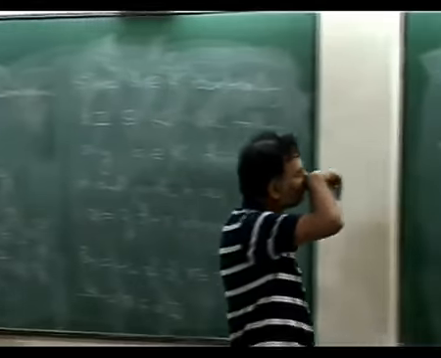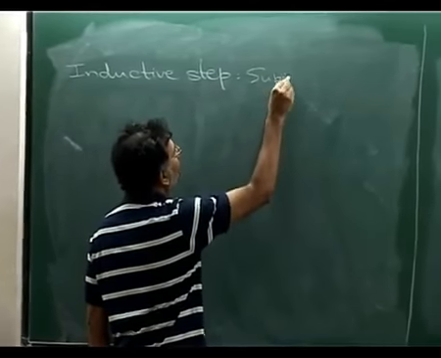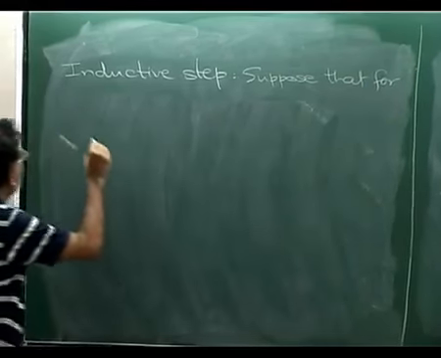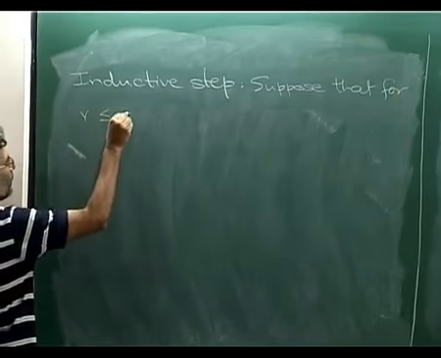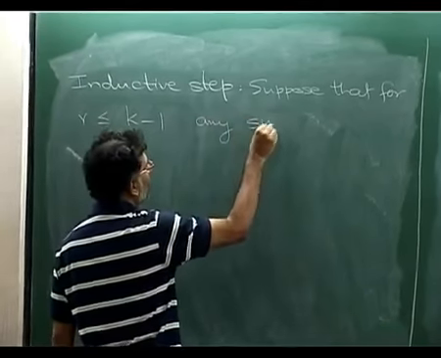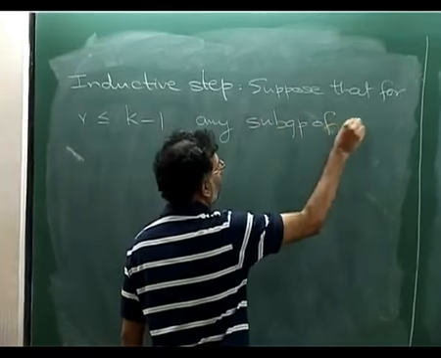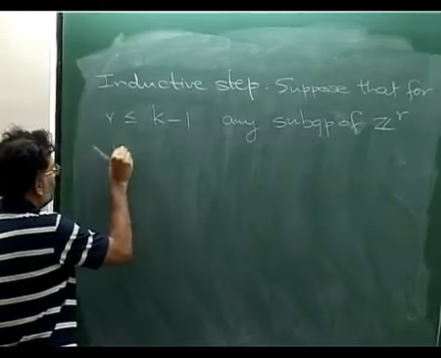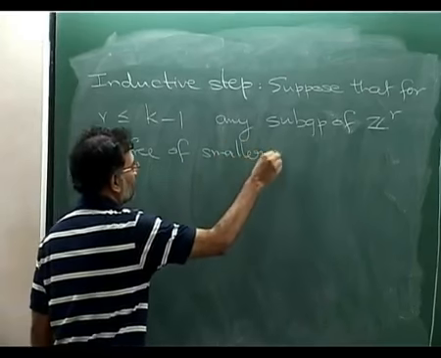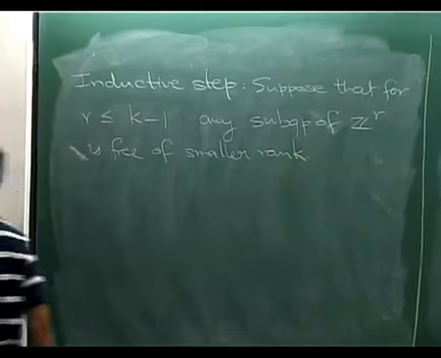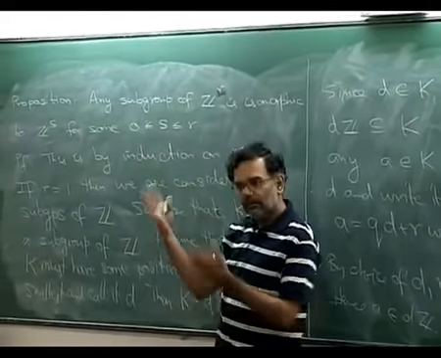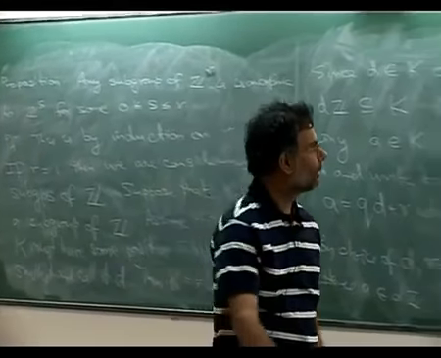So suppose that for R less than or equal to K minus 1, any subgroup of Z^R is free of smaller rank. That's what it's saying. Assume we have proved that for R less than K, up to K minus 1, any subgroup of Z^R is necessarily isomorphic to a free group of smaller rank. Suppose we have proved this.